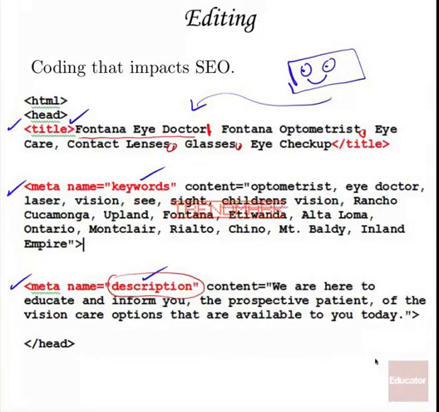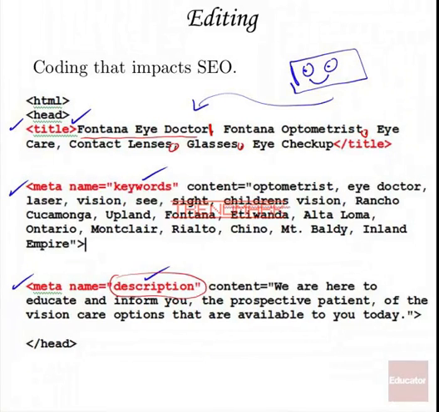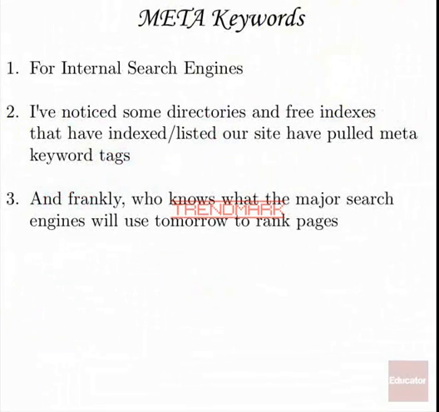However, one thing I will note is that keywords are important for other purposes, okay? And here I list 3 pretty important purposes. You might have your own internal search engine, your own search engine, not Google's, but your own.